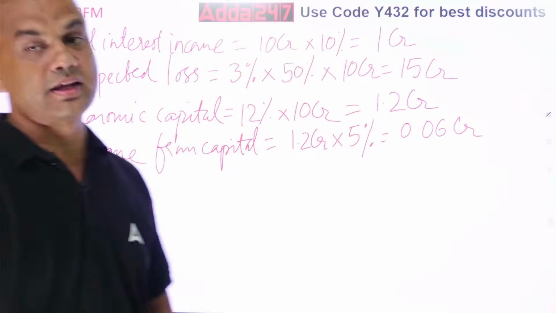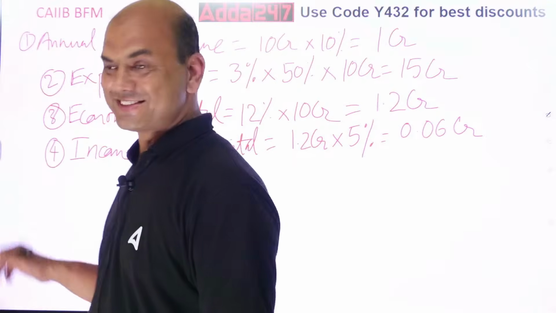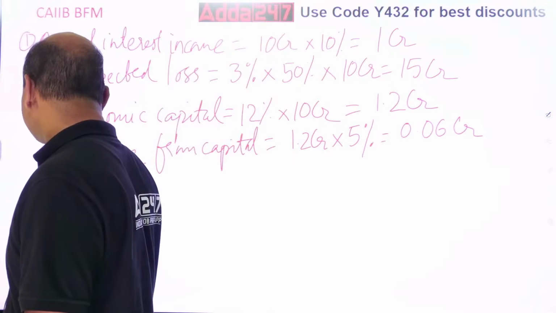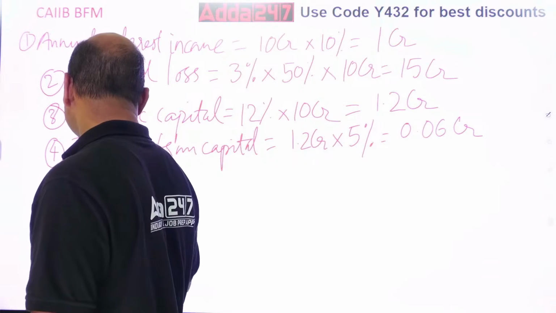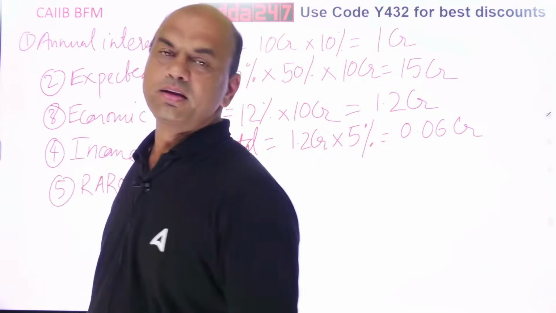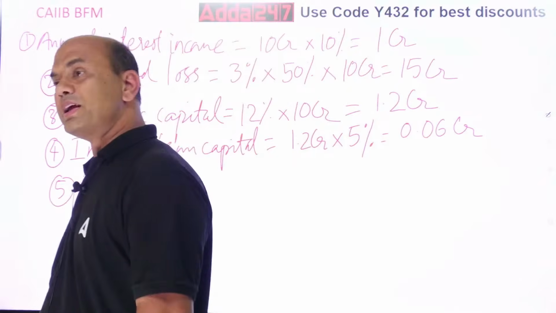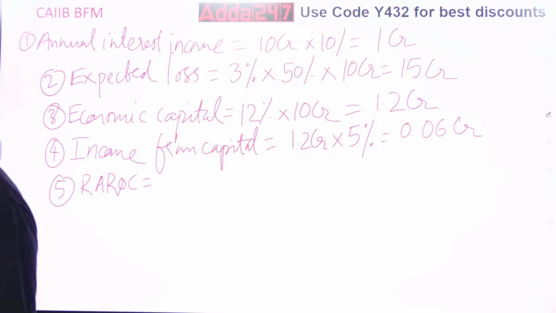Now we come to the last step, RAROC. The 5th step is RAROC, 5 marks for this. You will not get this in any of the books. What is the formula for RAROC?